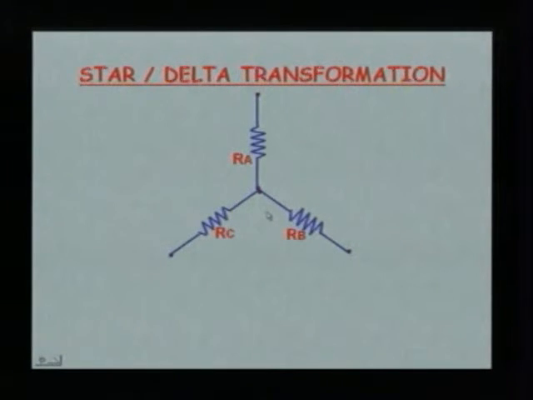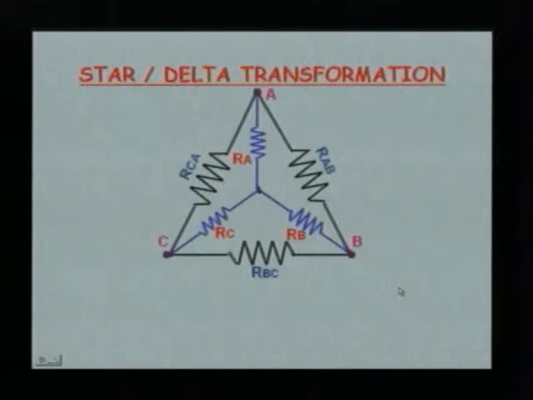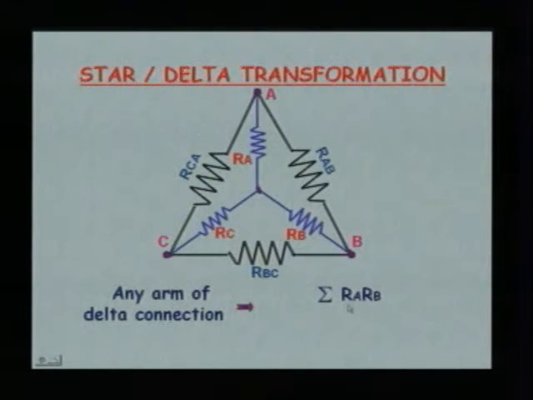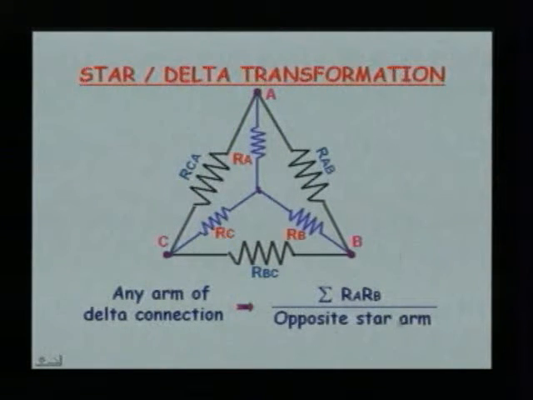Let us generalize this. If given a star network, we want to find the equivalent delta. The equivalent delta can be obtained like this: RAB, RBC and RCA, that is, any arm of the delta connection is equal to sigma RA RB, indicating that we have to take RA RB plus RB RC plus RC RA, divided by the opposite star arm.